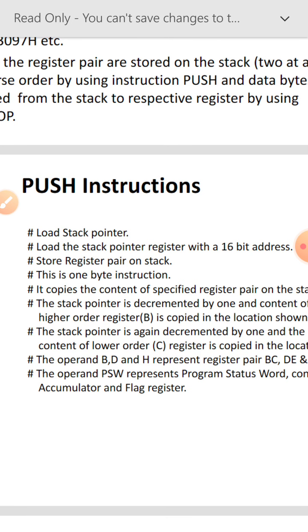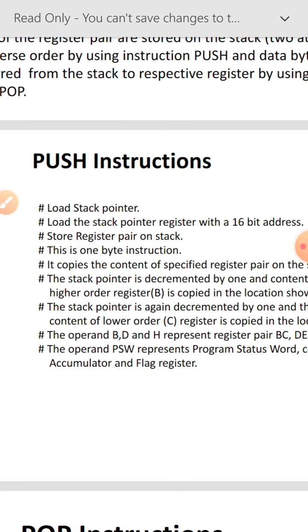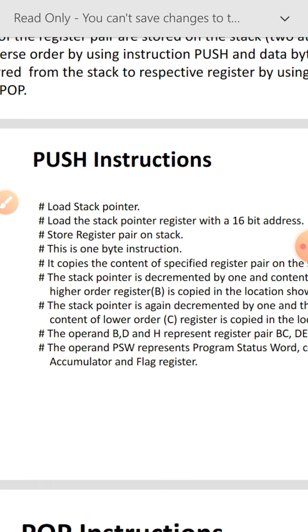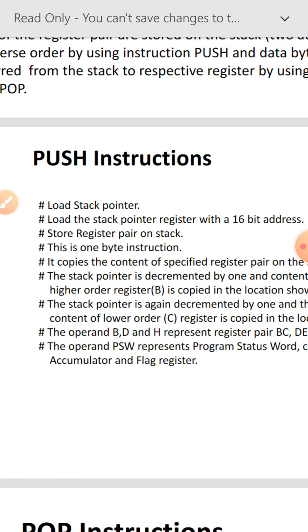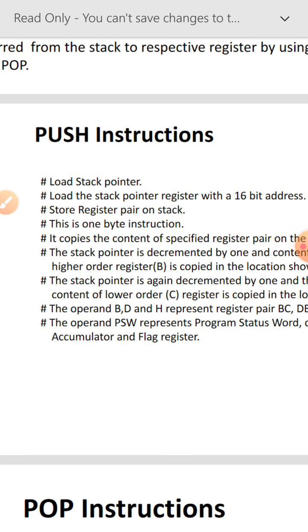So if the stack pointer content is 3099, first it is decremented by 1 so that the stack pointer shows 3098, and at that location the content of the higher order register, the B register, will be stored. Again, the stack pointer content is decremented by 1 so that it becomes 3097, and the content of the C register will be stored in that location.